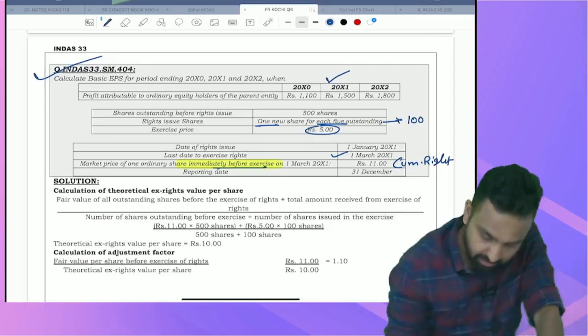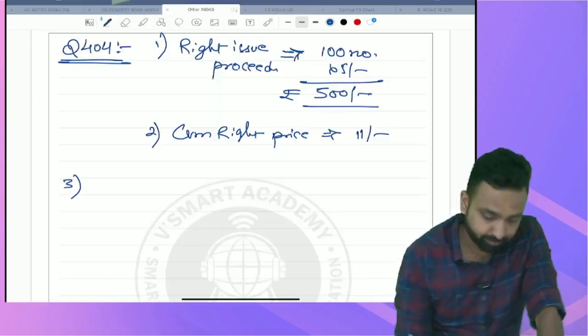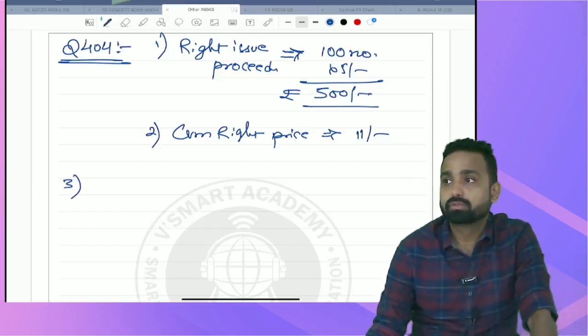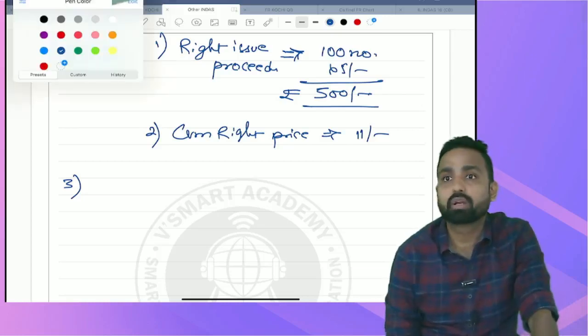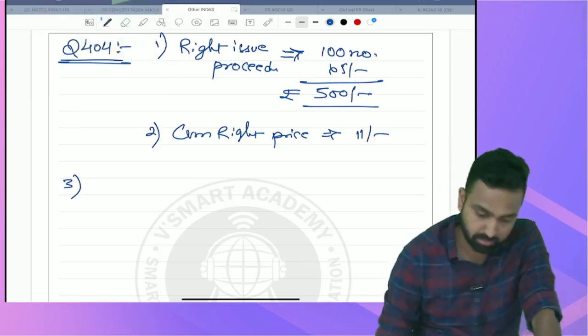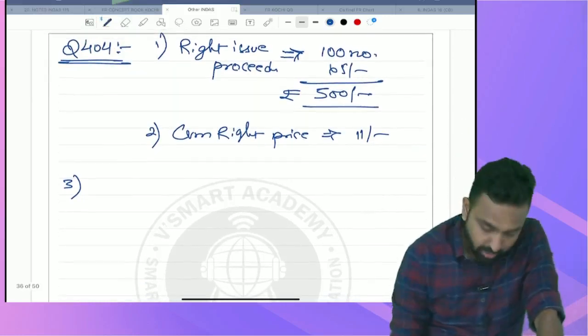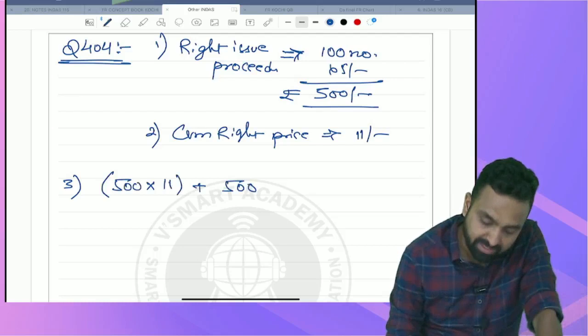How to calculate the ex-right price? Number of shares before right issue 500. What is the market value? 11. Plus the right issue proceeds 500.